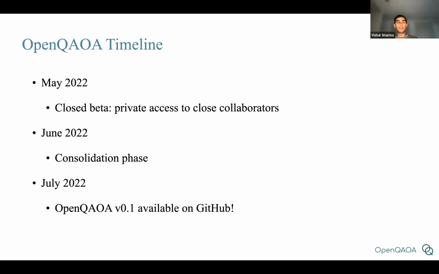It could be late July, or mid July, depending on how the consolidation phase goes. The idea is to take some of the feedback from these private collaborators and finish up a few last touch details before we finally open source OpenQAOA on GitHub.